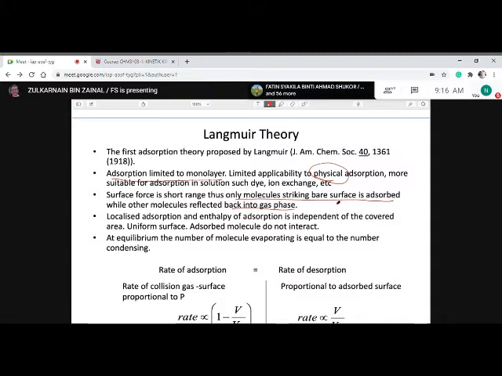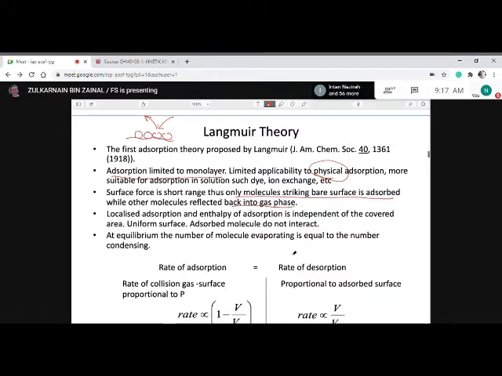Only the molecules that strike the bare surface will be adsorbed. Other molecules which strike a molecule already adsorbed on the surface will not be adsorbed, but will be bounced back into the gas phase.